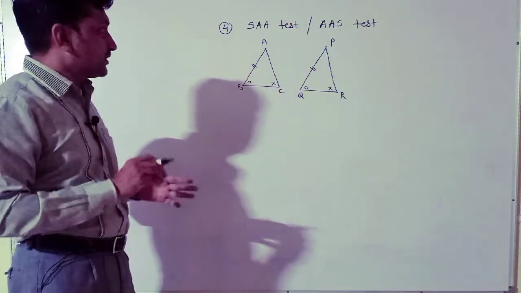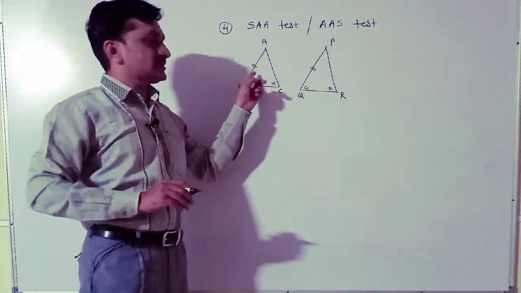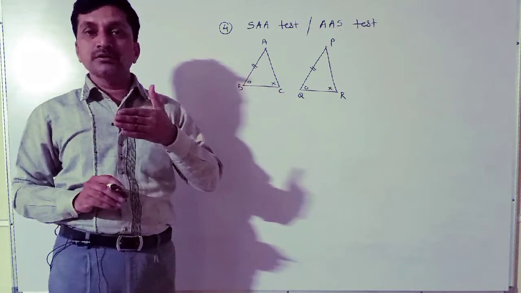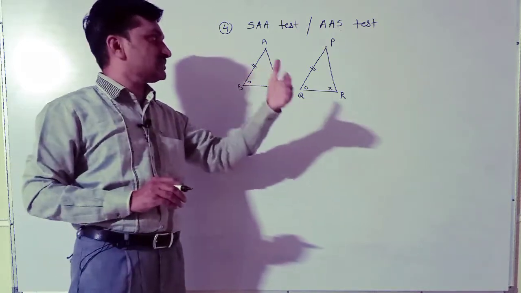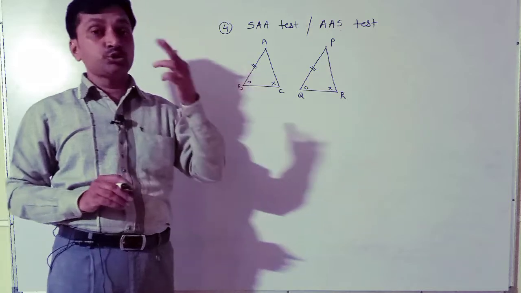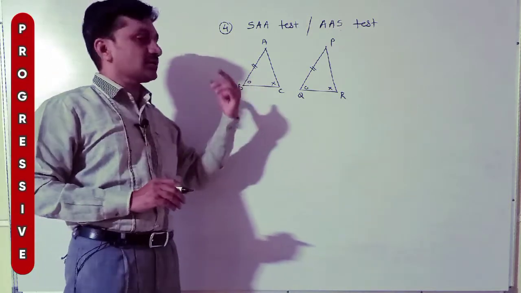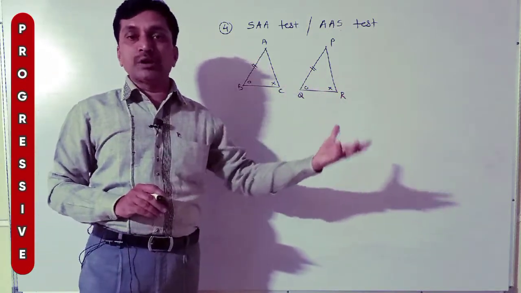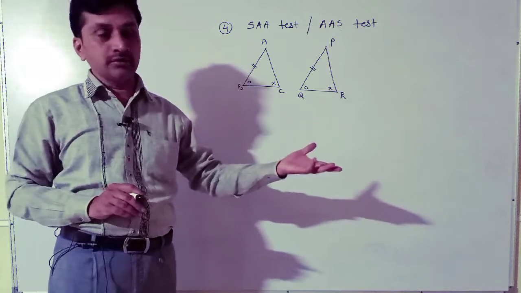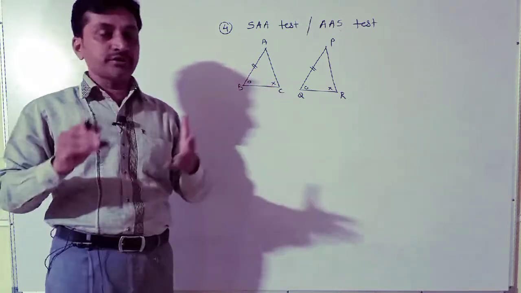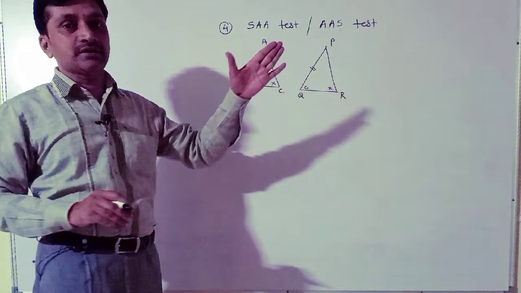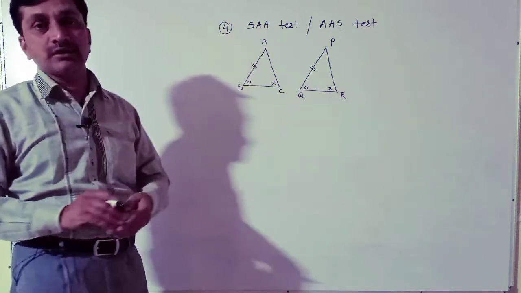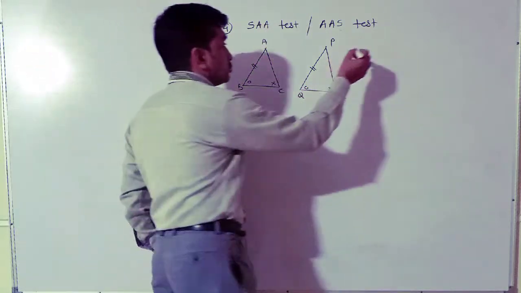Now here the statement is, if one side of one triangle is congruent with corresponding one side of the other triangle, and two angles of one triangle are congruent with corresponding two angles of the other triangle, then these two triangles are congruent by SAA test, or you can write AAS test. Therefore how to write?